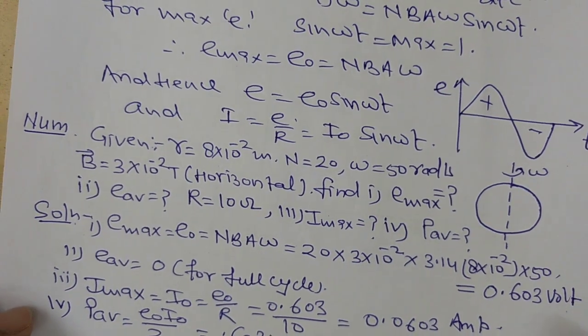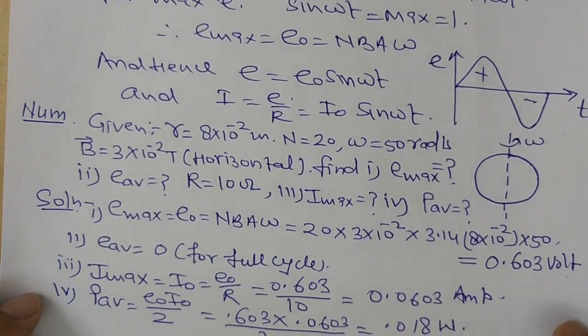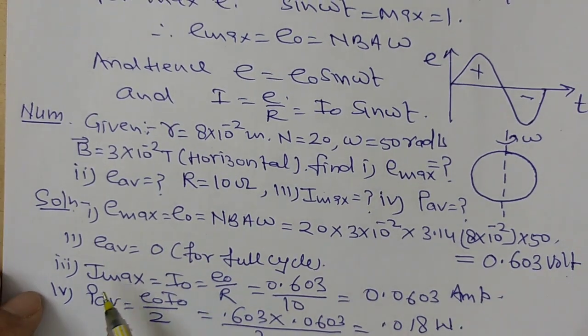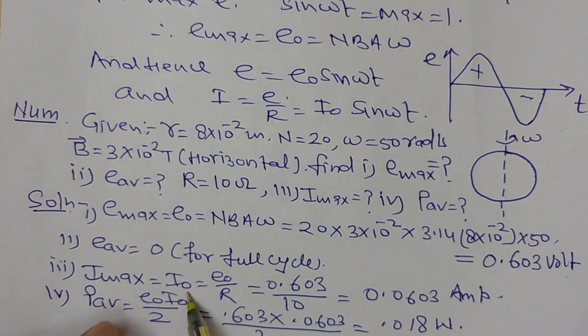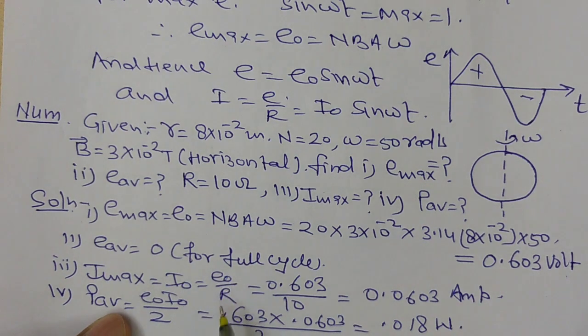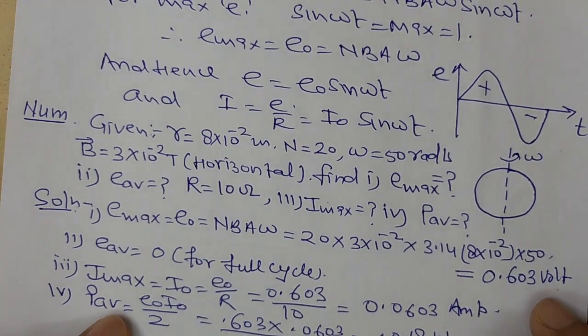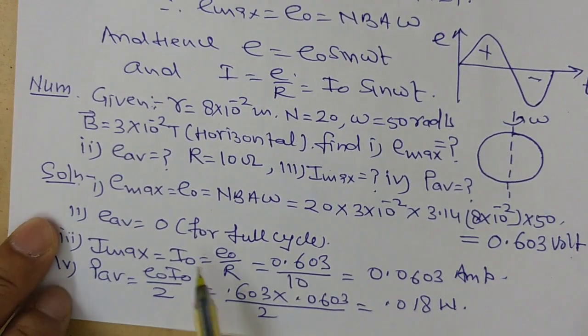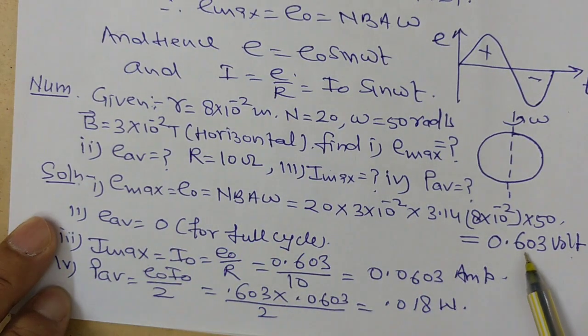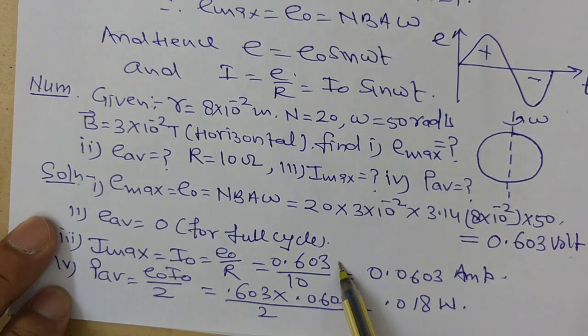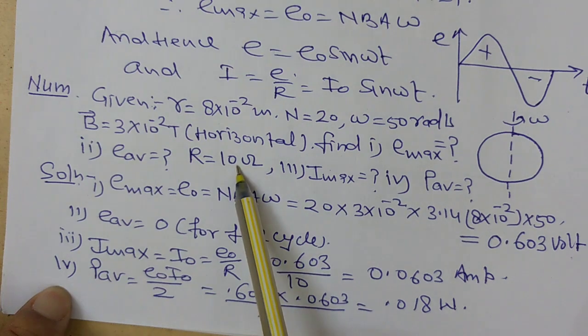Now, the maximum value of induced current, you know, I max, or this is also I naught, and this I naught is equal to maximum voltage upon resistance, and here we calculated the value of E naught, or E maximum, is 0.603 volt, and resistance is given here as 10.